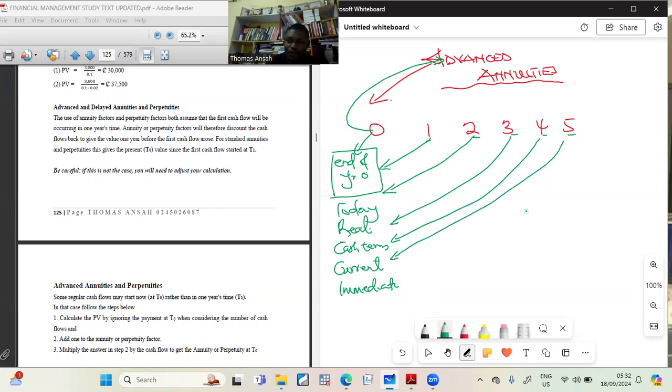And that is why when you take your formula, you do 1 over 1 plus r raised to the power n. Your n is therefore the number of years. So if it is year one, you put year one there. You are bringing the figure, wherever it is, to this period.